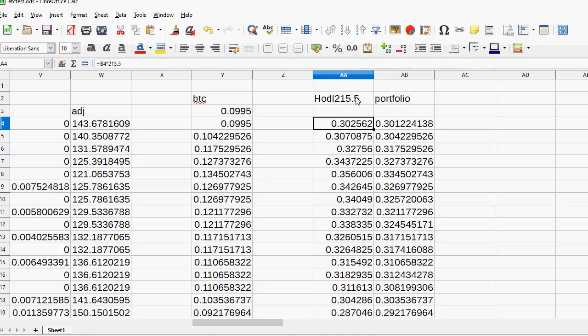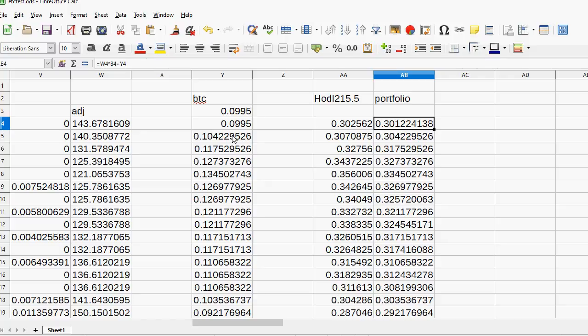It takes 215.5 at the exact same entry price to assemble 0.3 to start, which is why I chose that number. So this column is very simple. How much is 215.5 worth, which is 215.5 multiply price.